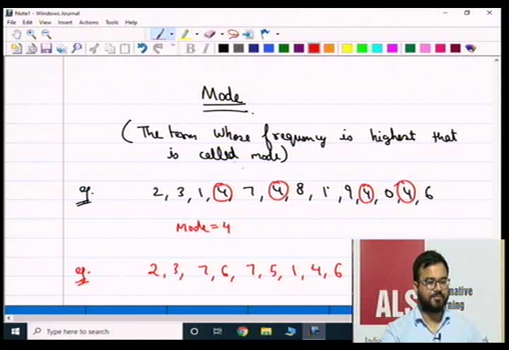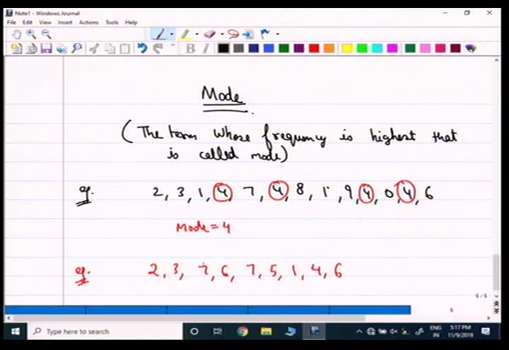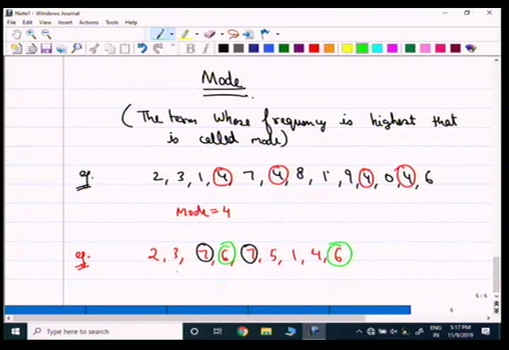You will see that 7 is appearing twice and this 6 is also appearing twice. So both the values have the same frequency. So there are 2 modes in this data, and this type of data is known as bimodal, because there are 2 modes in this one.